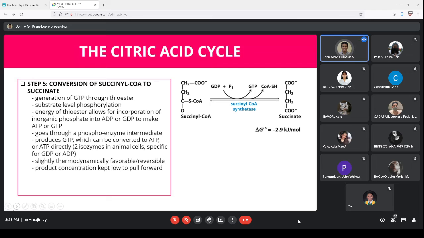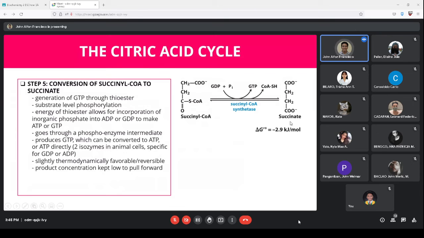Okay? So, ito yun. Succinyl-CoA mo. Succinyl-CoA will allow yung transfer ng inorganic phosphate to one of your phosphate group acceptor, yung GDP, to produce GTP. So, ito is also one of the energy generating or high energy containing compounds.